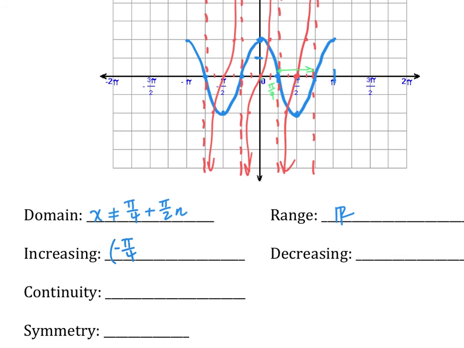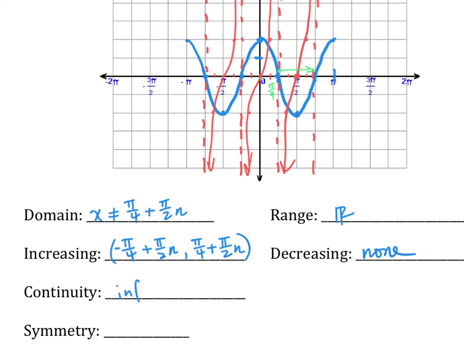On the right-hand side is pi over 4, but I know this shape is repeating itself every pi over 2. So what I'm going to do is write this. Starting from negative pi over 4, it will repeat itself every pi over 2, and then it will end at pi over 4, and then that shape also repeats itself every pi over 2. And you can see that I'm also writing parentheses because there are asymptotes, there are no actual points, so we don't include them. Decreasing, this graph is not decreasing.